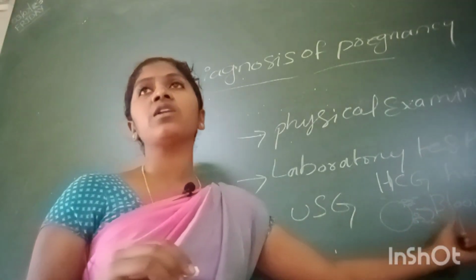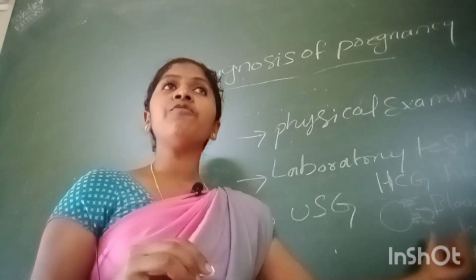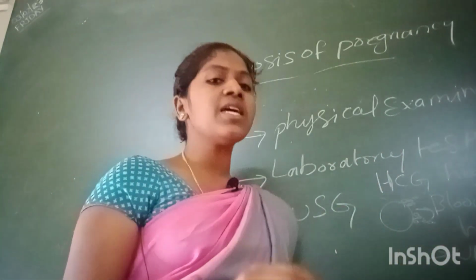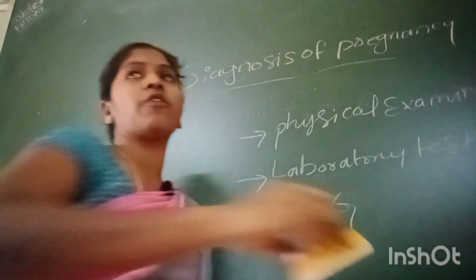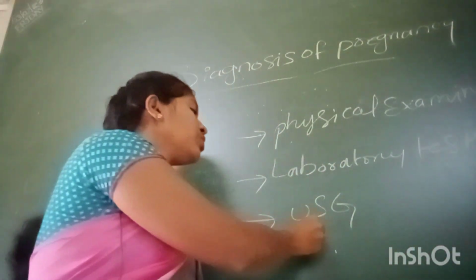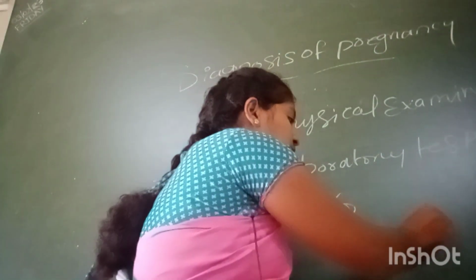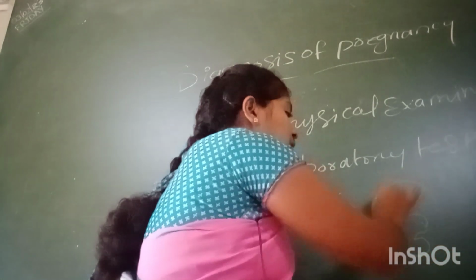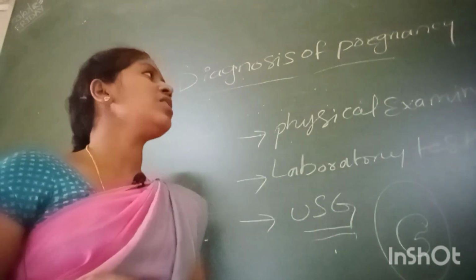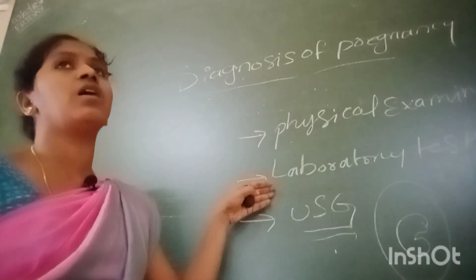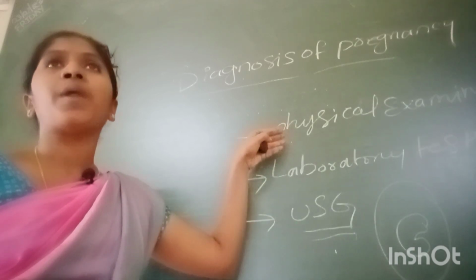These two tests are to confirm the pregnancy, and another test is USG, ultrasonography. Through ultrasonography we can visualize the fetal yolk sac in the uterus to confirm the pregnancy. These are the main three tests carried out by doctors or medical persons to confirm the pregnancy.